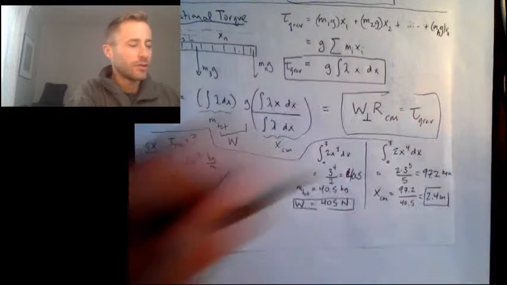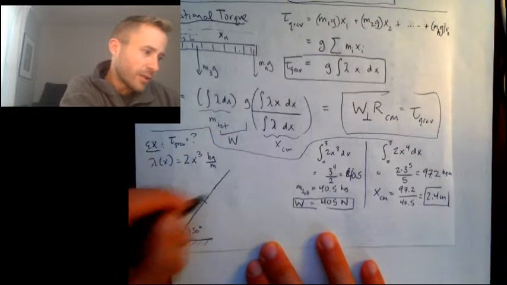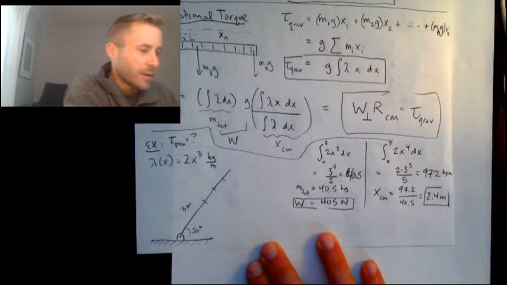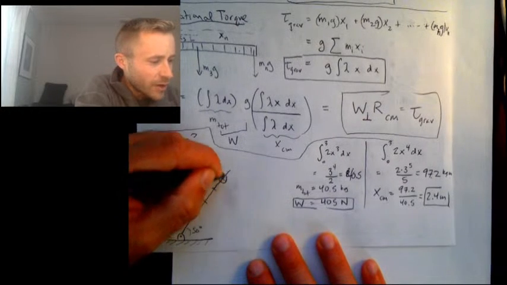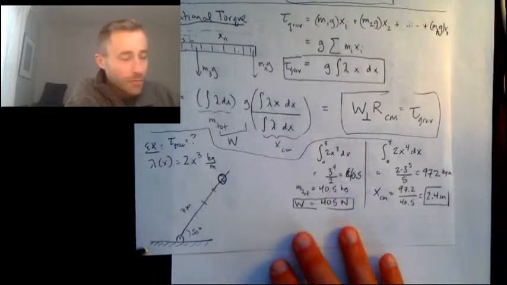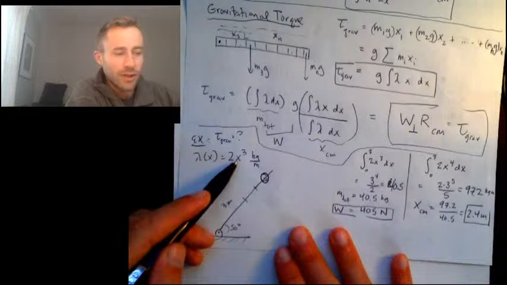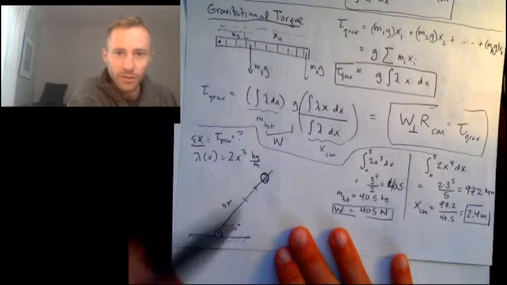So here's 3 meters. 2.4 is about 2/6 of the way, so the center of mass is right here, almost at the end. Why is that? Because the mass is more concentrated towards the end. The bigger the x value, the more the mass.